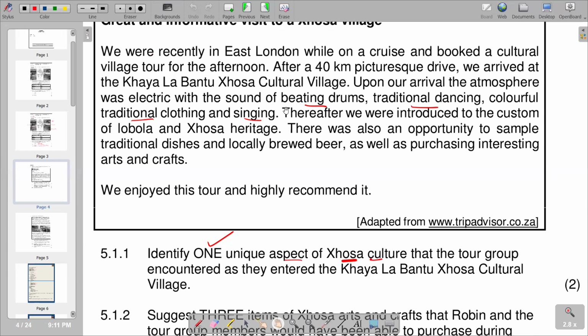And also, we try to see if we can quickly pick any other. We have the issue of locally brewed beer. Obviously, this beer was inside some pots, so they can also buy some clay pots from there. That's another item we can pick. Then we try to see if there's any other item that is clear according to the information given.